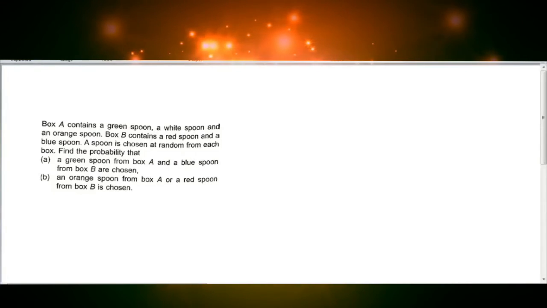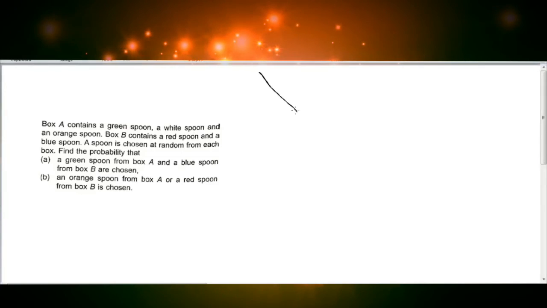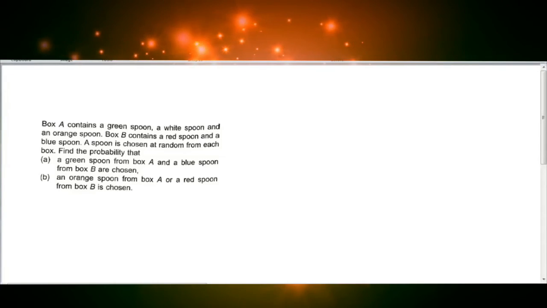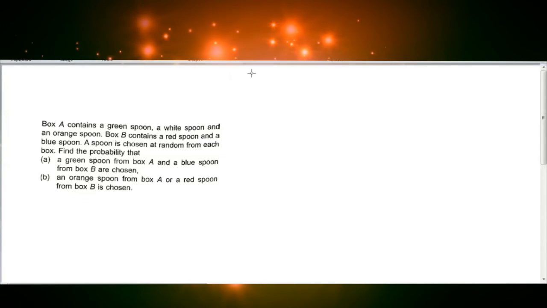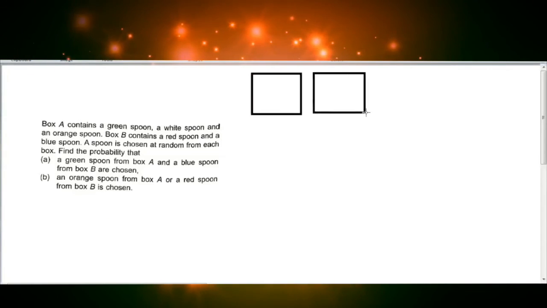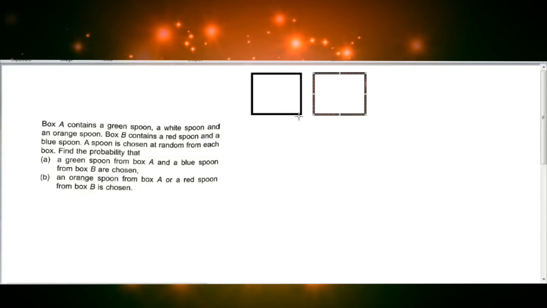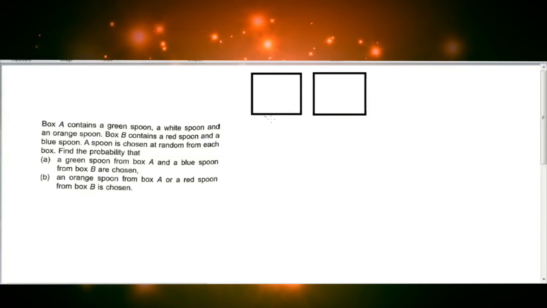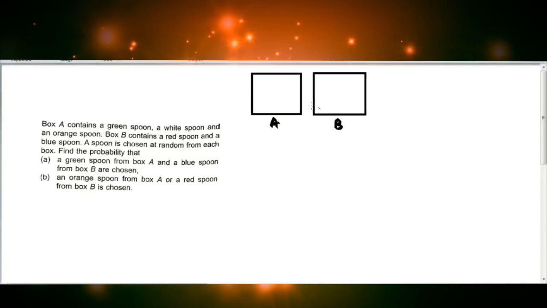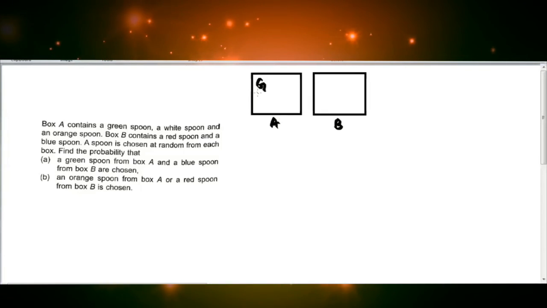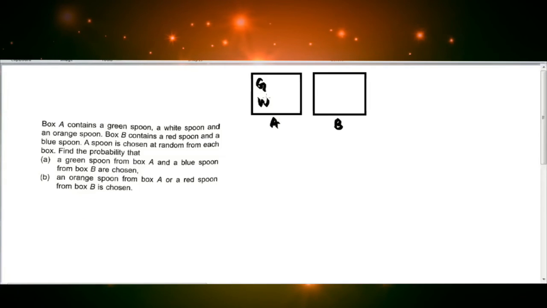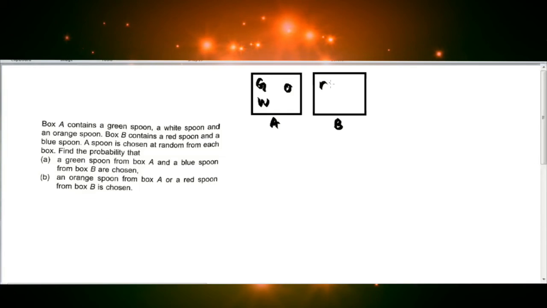And before we answer the question, we may draw out our box A and B. So this is box A, this is box B. Box A contains a green spoon, a white spoon, and an orange spoon, and box B contains a red spoon and a blue spoon.